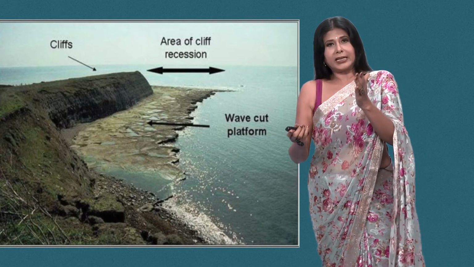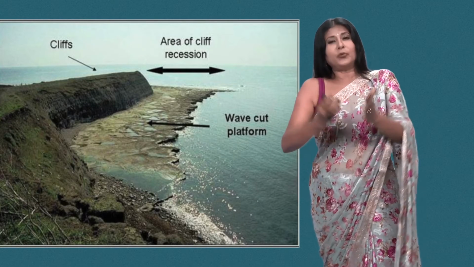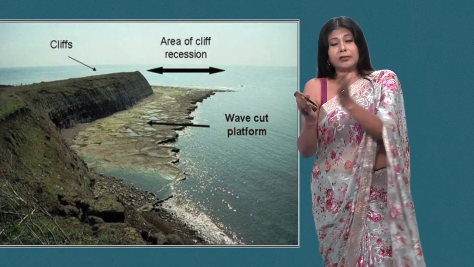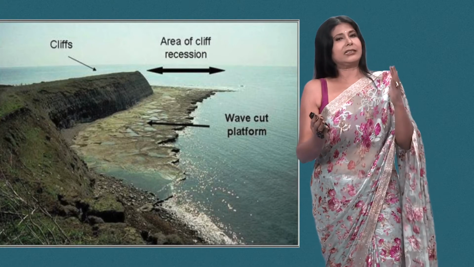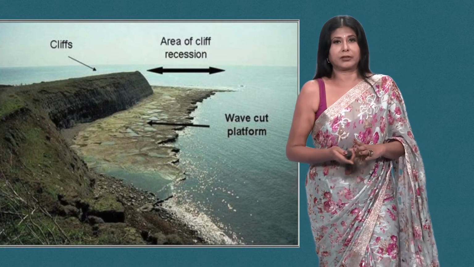And the platform which we see right now is the result of recession of this cliff. So this cliff maintains its angle and recedes backward. Sometimes the platform can be completely bare, or sometimes it can be covered even with vegetation. There are several examples of them all along the western coasts of India and outside as well.